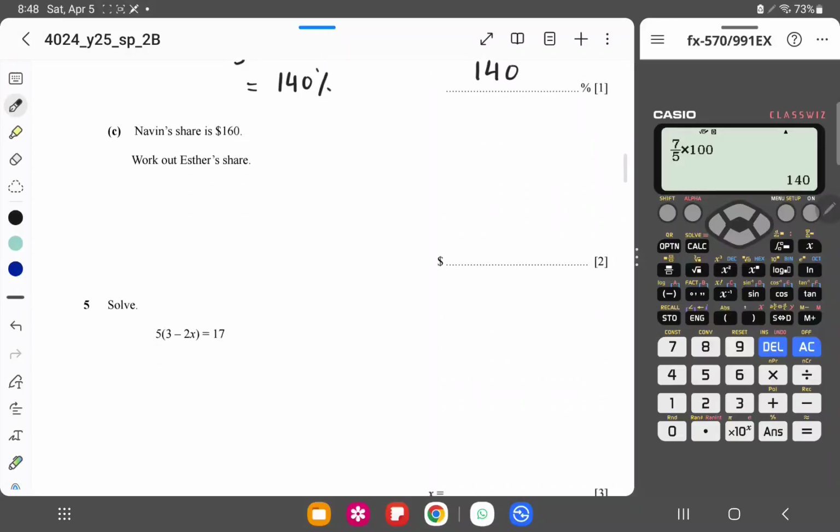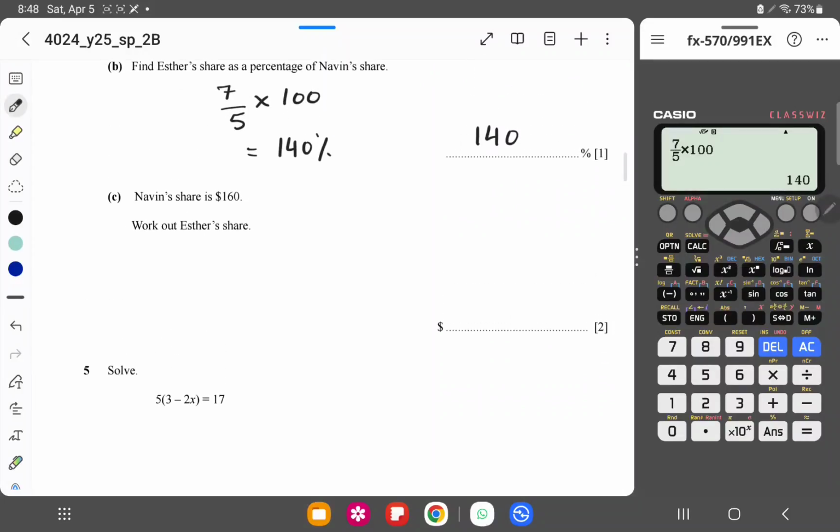Alright, now Naveen's share is $160. What is Esther's share? We can do it with the ratio method. Naveen's share is 5 and the amount is $160. Esther's share is 7 and we can take x for the amount, then cross multiply.